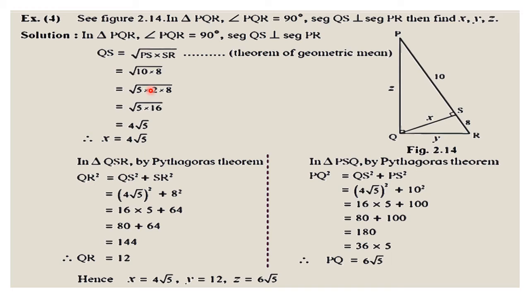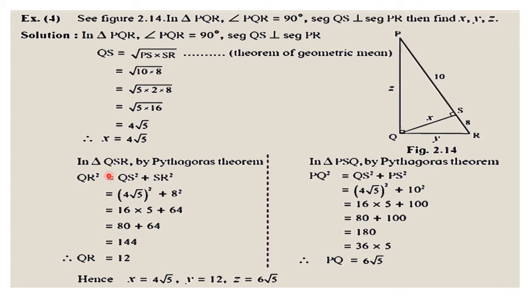Again 8 into 2 is 16, and 16 is 4 square. So 4 will come outside, and within the square root 5 will remain. So x is 4 root 5. Now once you find x, we can find z by considering the triangle PSQ and applying the Pythagoras theorem. And below in triangle QSR also we can apply the Pythagoras theorem and find y.